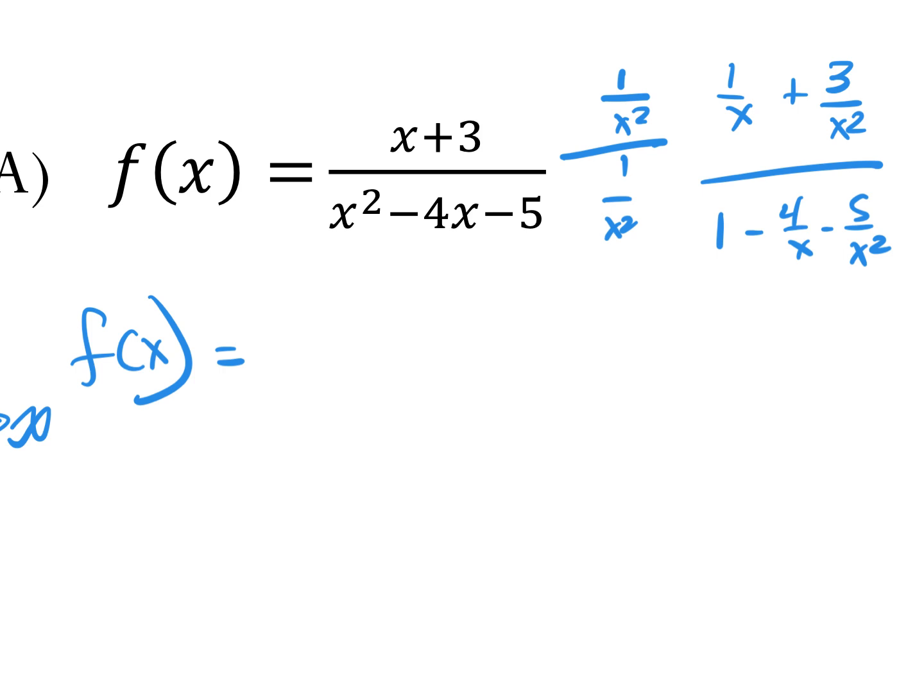Okay? So if I do 1 over x, that's 1 over infinity, I get 0. 3 over x squared is 3 over infinity, still 0. The 1 stays a 1. 4 over x becomes 0. 5 over x squared becomes 0.